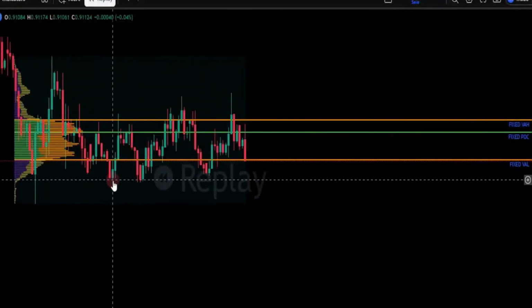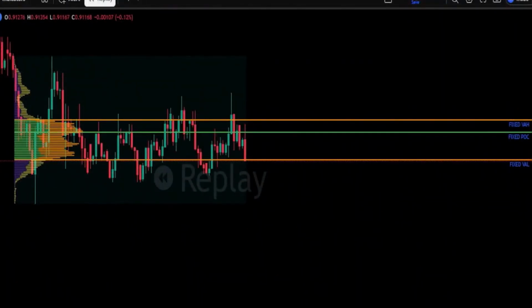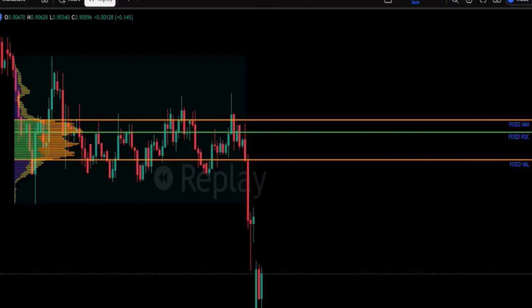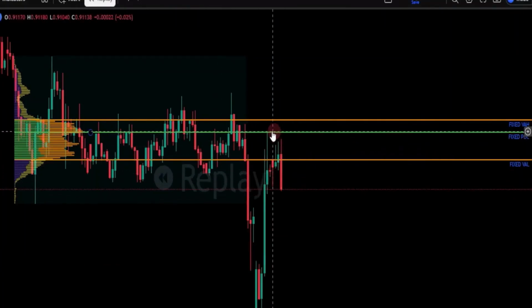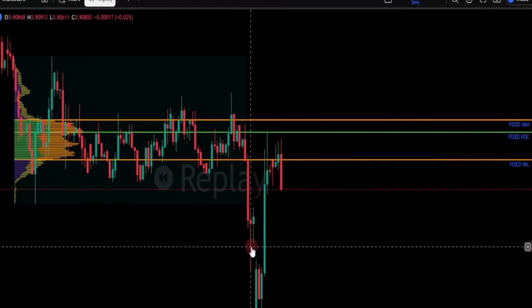And one final example. Price breaks down aggressively from the range. And at first glance, it looks like the move is over. But watch what happens when price returns. It comes straight back into the area where institutions had been positioning themselves. And look at that reaction and those rejections.